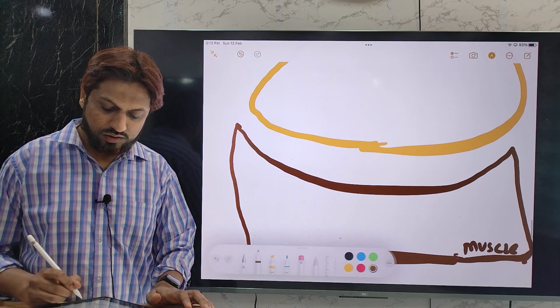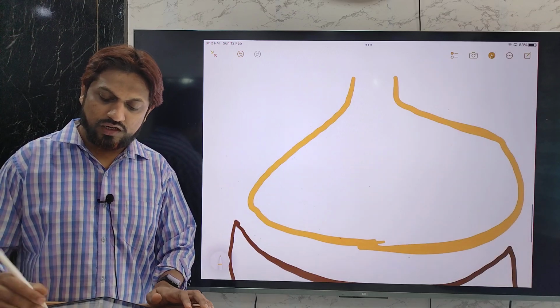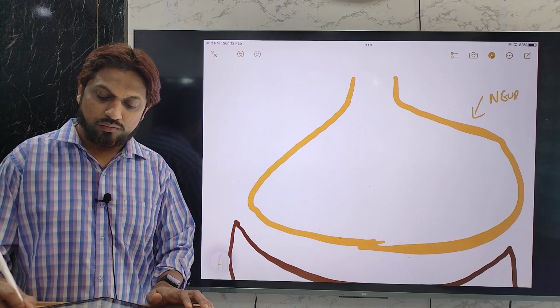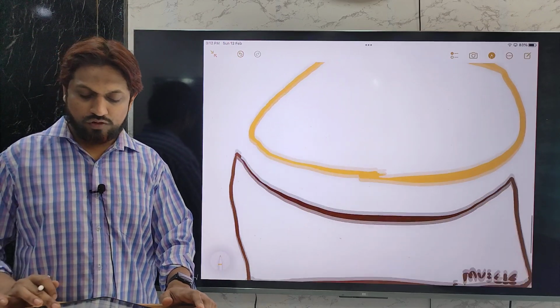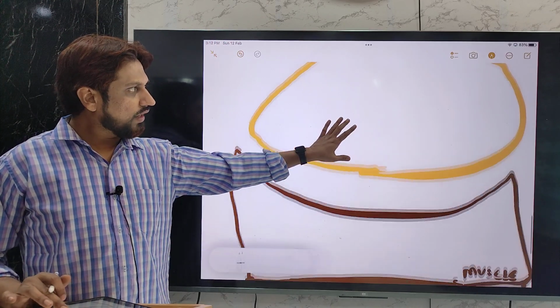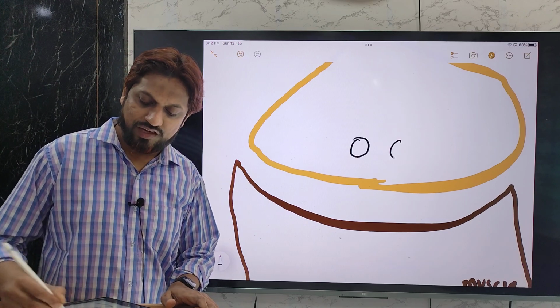And this is the neuron or the axonal end, the nerve tissue, more specifically the axon or terminal button. As I said in the introduction itself, this neuronal ending or axon has plenty of synaptic vesicles.